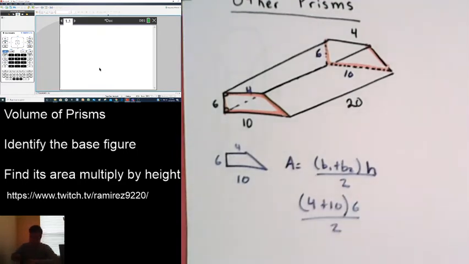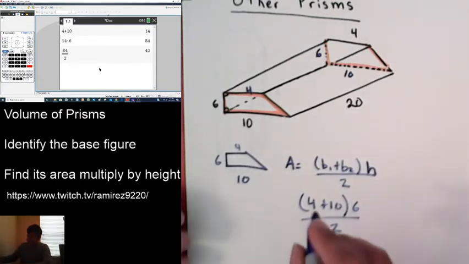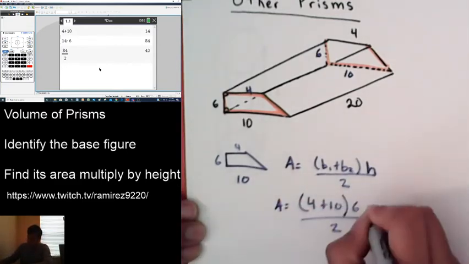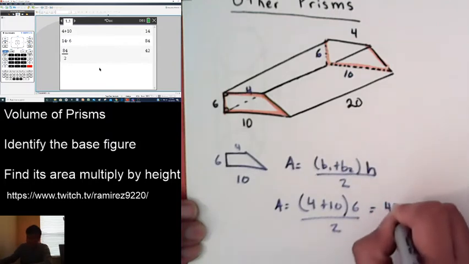I didn't really have to do much on this problem because everything was given. Keep in mind that you might encounter problems where you have to find unknown values. It's perfectly normal. And so we found the area of the base to be 42.